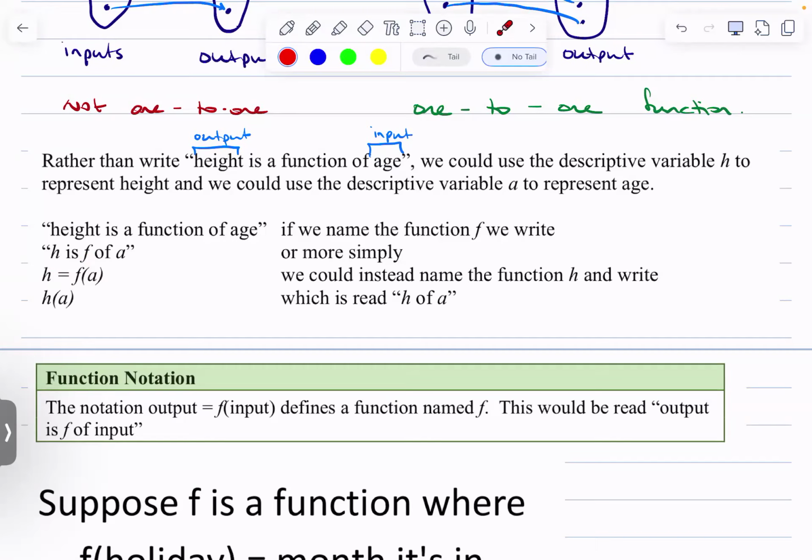Now this is the jump, I guess, that I struggled with.